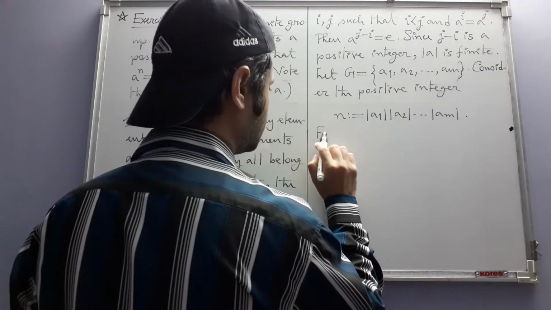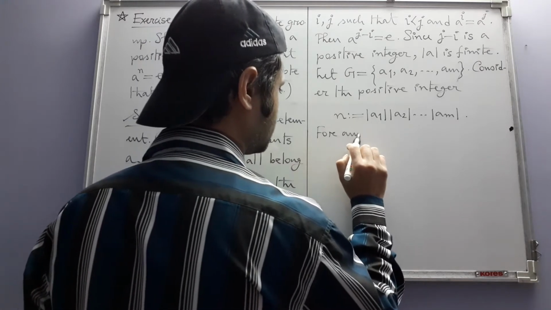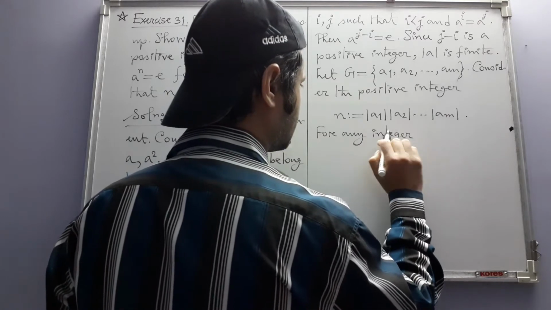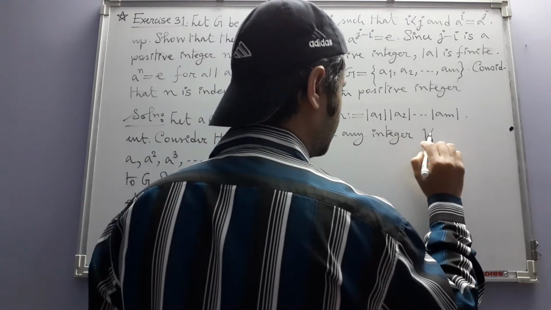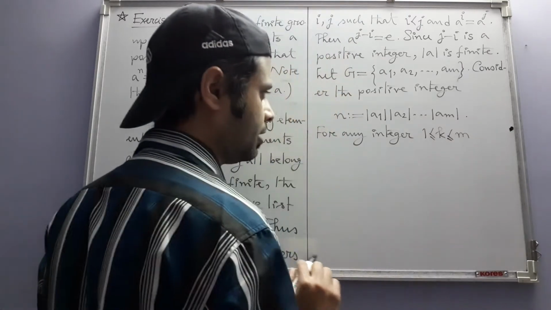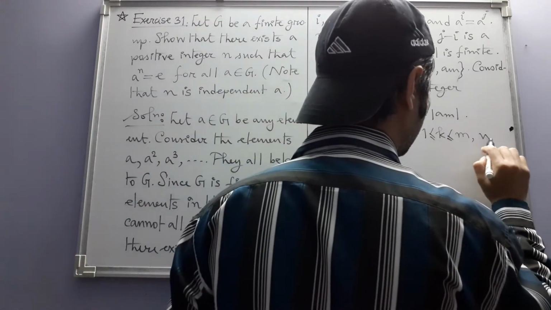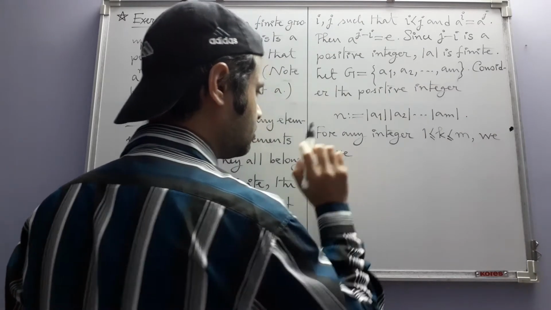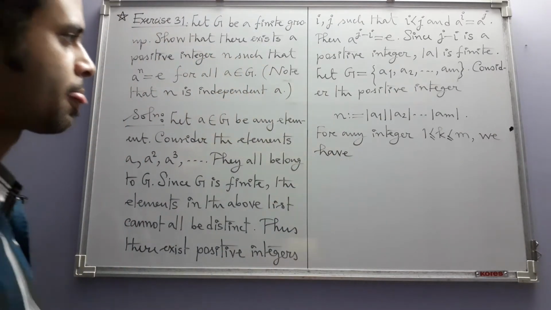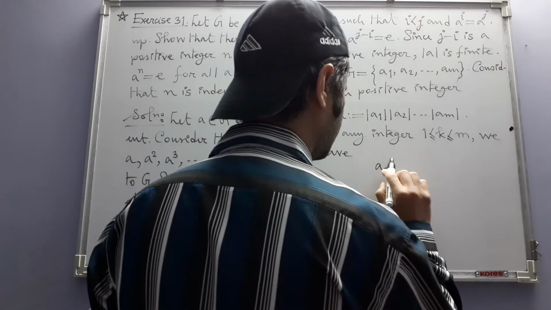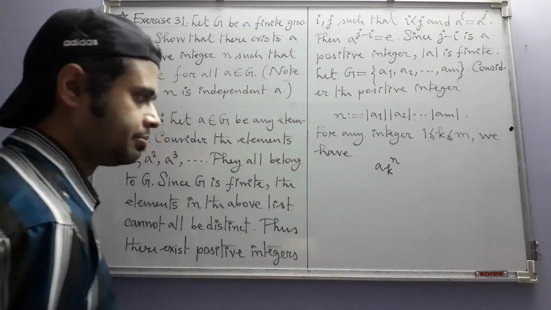For any integer k lying between 1 and m, we have ak to the power n.